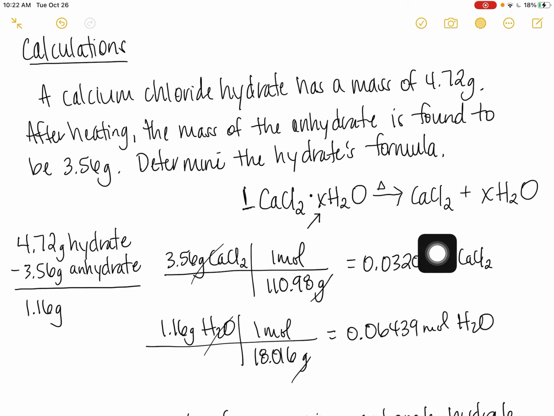You might be inclined to put these numbers into a formula, but you're still going to question, well, what is X? How do I find X? So this is a little bit like empirical formula determination. It's been a long time since we did that, but when we're looking for the ratio in these numbers that maybe is not evident, remember the trick is to divide by the smallest. So this number is smaller.